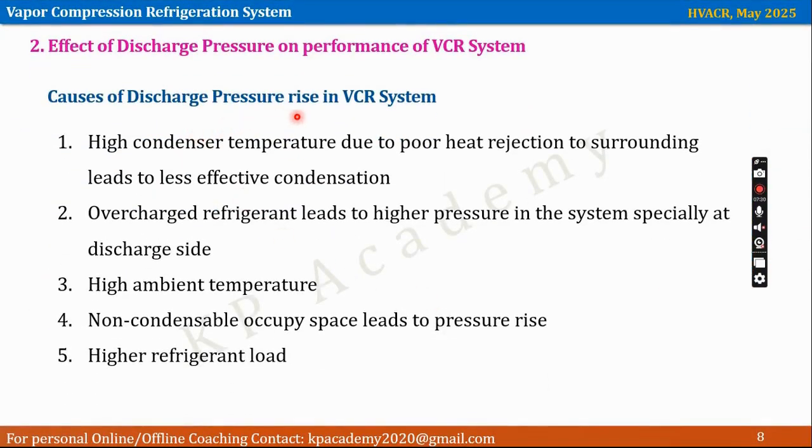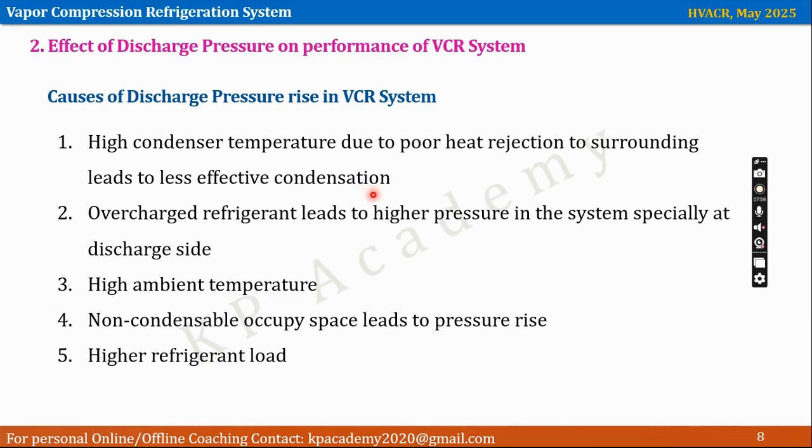Now, causes of discharge pressure rise in the VCR system. What are the different reasons to have higher discharge pressure? Okay, the very first is high condenser temperature due to poor heat rejection to the surrounding, which leads to less effective condensation. If there is a high surrounding temperature, then condenser temperature should be higher in order to reject the heat, right?